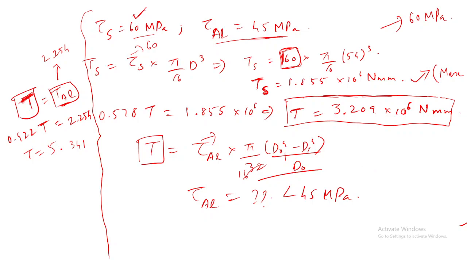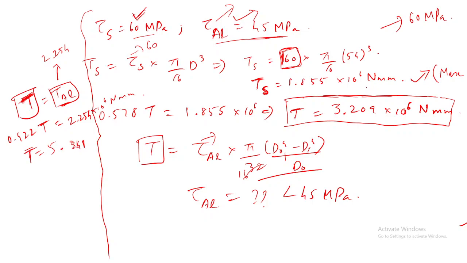What the other person has done is, instead of taking 60 megapascal, he has first taken 45 megapascal for aluminum. On solving for the aluminum section, he got T aluminum as 2.254 into 10 to the power of 6 Newton mm, and with that he got the torque value as 5.341.